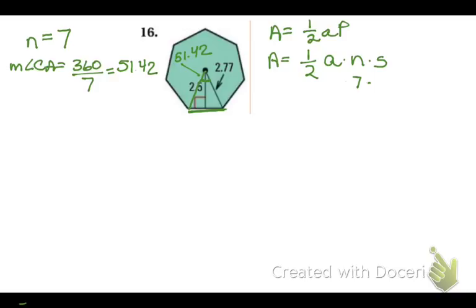So we are given, well, I should draw that the same way it's drawn. I'm just exploding this triangle right there. We've got a right angle here. We know this length, the radius, is equal to 2.5, and we know this apothem is equal to 2.77.